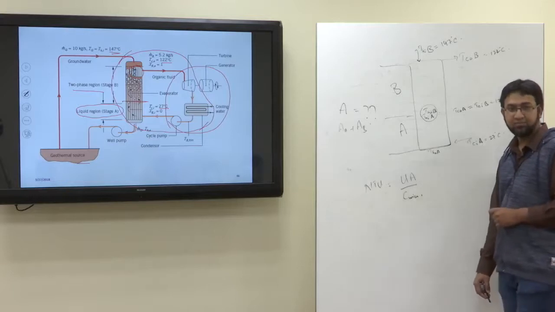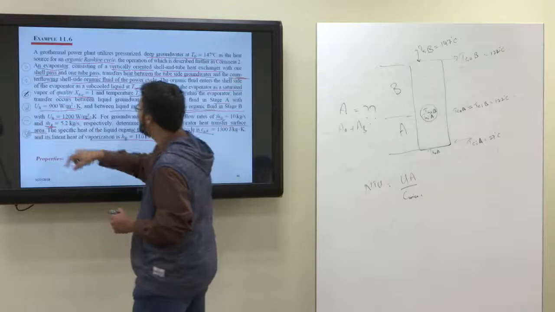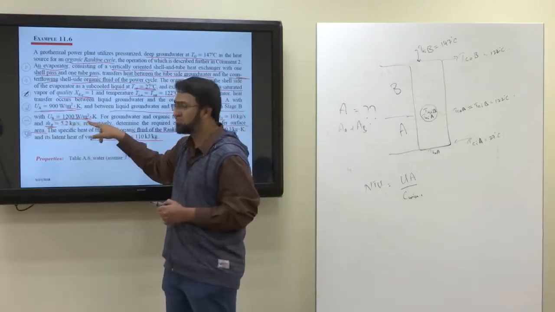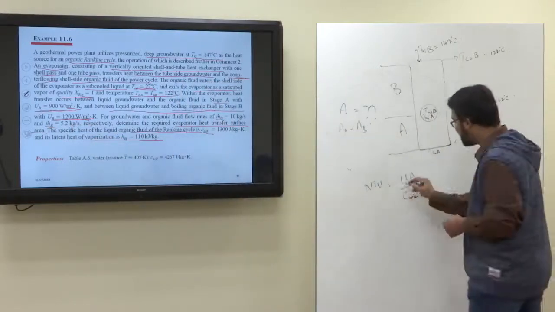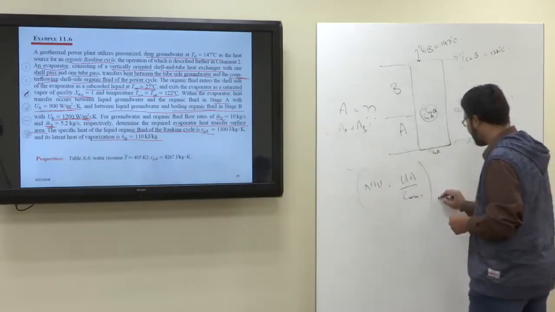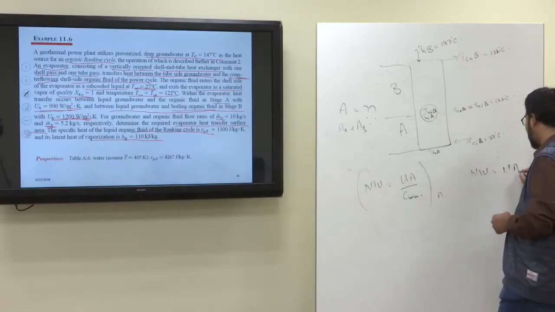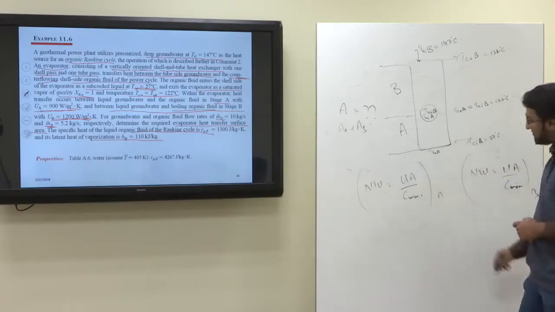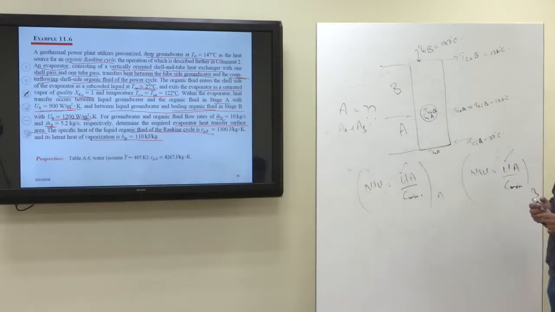U is given, C minimum. Now U is given for both sides. U for section A is given, U for section B is given. So you will have here, this is all for A, and then another NTU equals UA upon C minimum, which is all for B. In both cases, U is given.